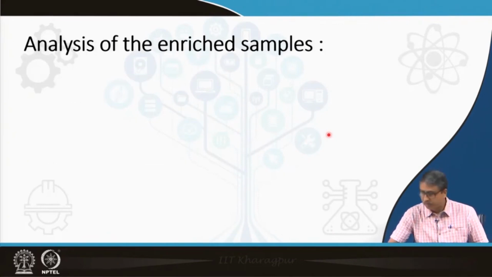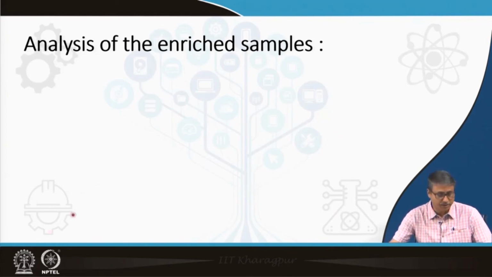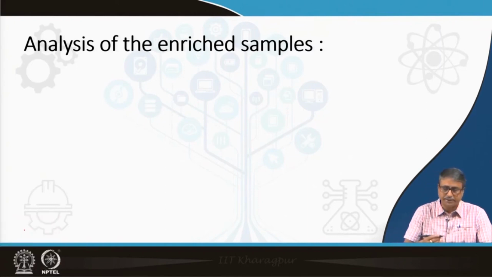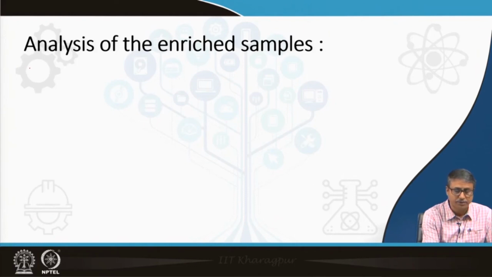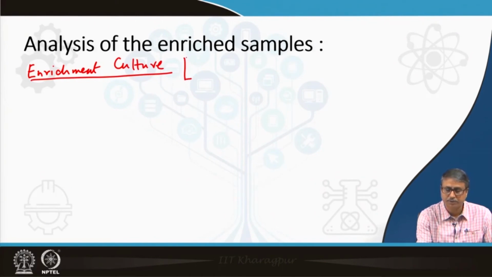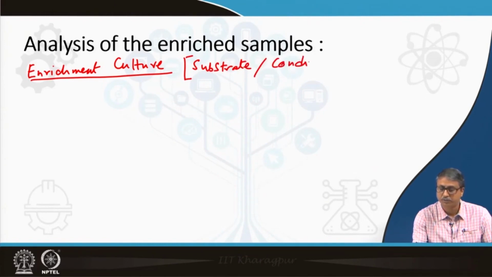Now, we will discuss a bit of the analysis of the enriched samples. Once we have this enrichment done, we call it an enrichment culture. This may be based on different substrate or different condition or both.